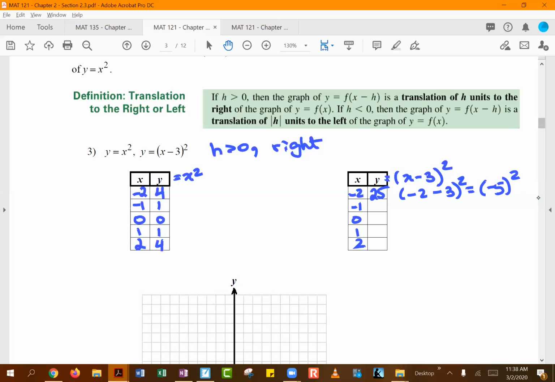In that same way, you would be doing -1 minus 3, which is -4 squared, and -4 squared would be 16. What did you say for 0? 9. 9? Because you would be doing -3 squared. For 1, 4, and for 2, 1.